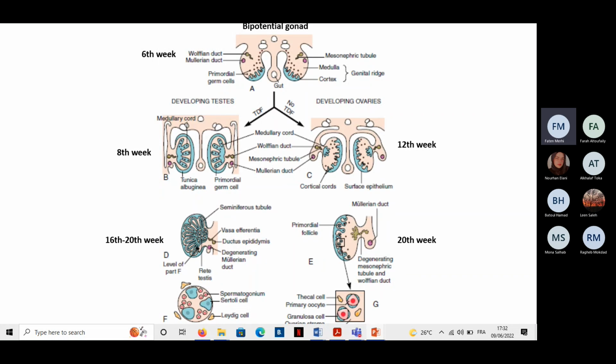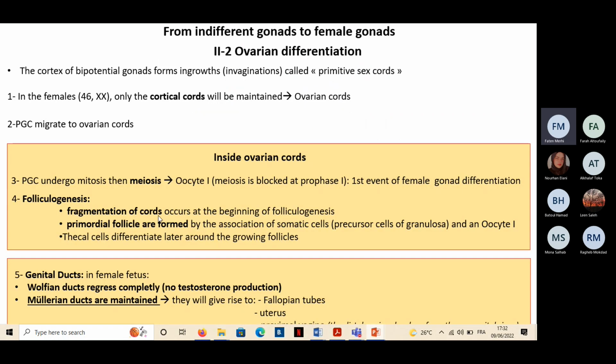Okay, so we will have fragmentation of the cords, which will surround the primary oocyte to give the primordial follicle. Now, this fragmentation of the cords occurs at the beginning of the folliculogenesis.